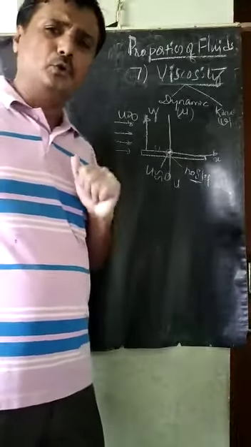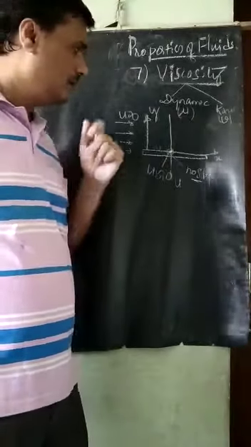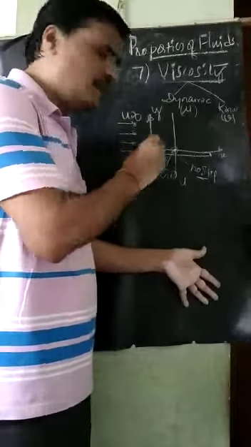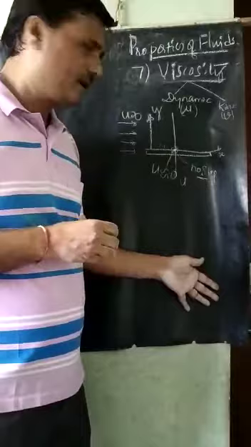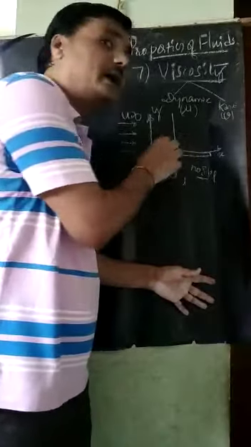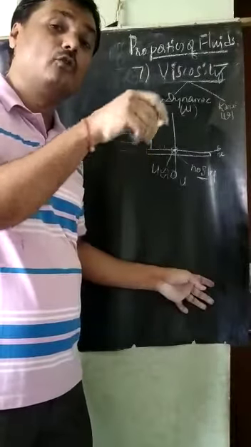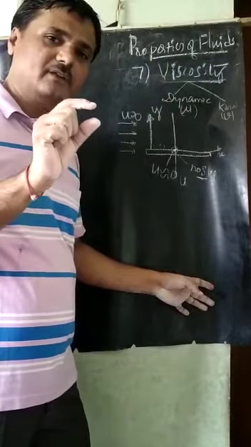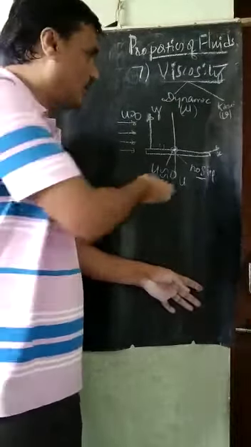Then next in this study, I will move vertically upward, at a small distance dy. A small distance, partial y, a very small distance if I move vertically upward here.